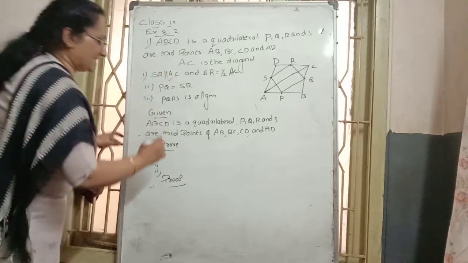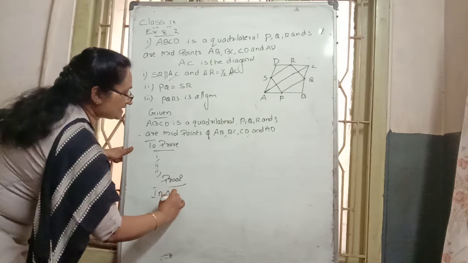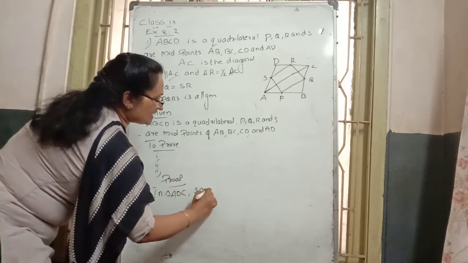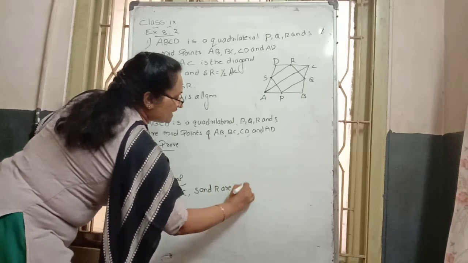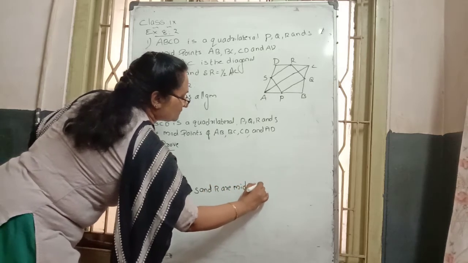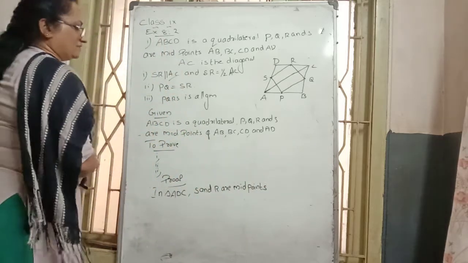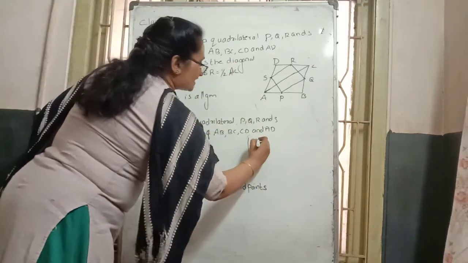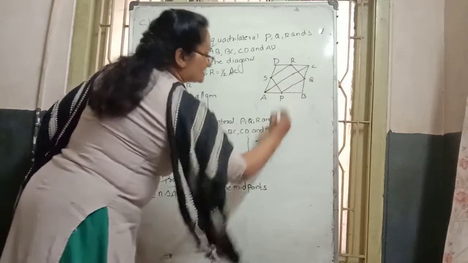So we consider triangle ADC, and S and R are the midpoints. Then we apply the midpoint theorem. SR is parallel to which side? The AC side.